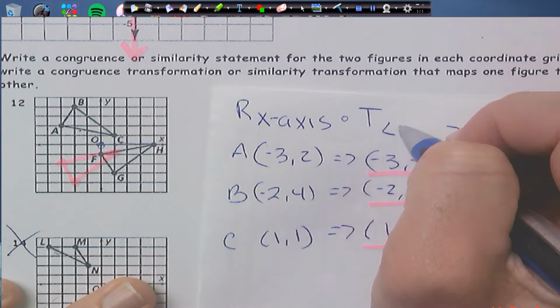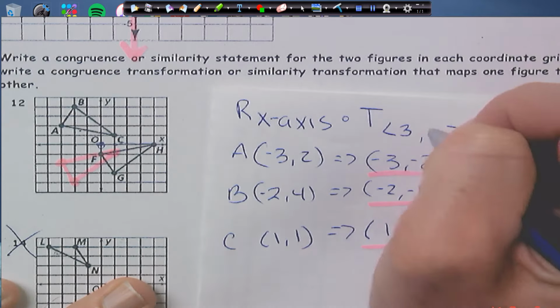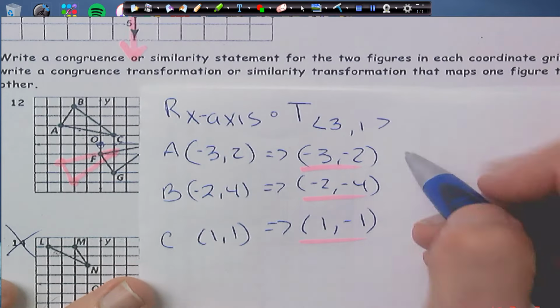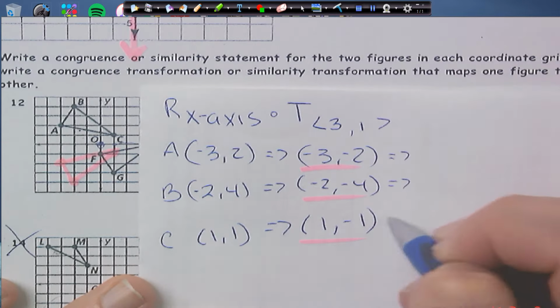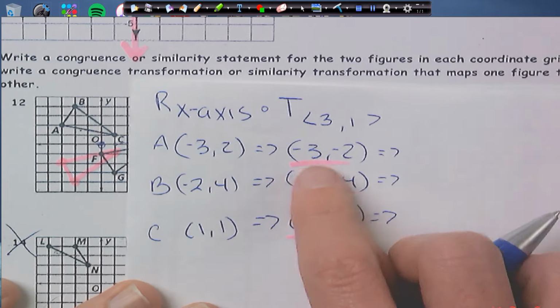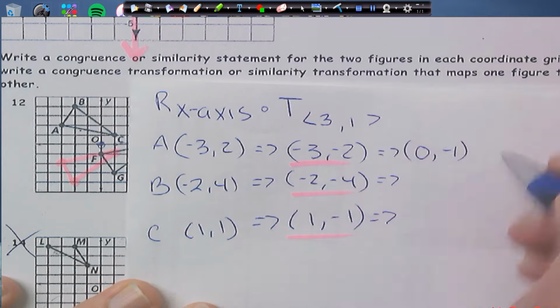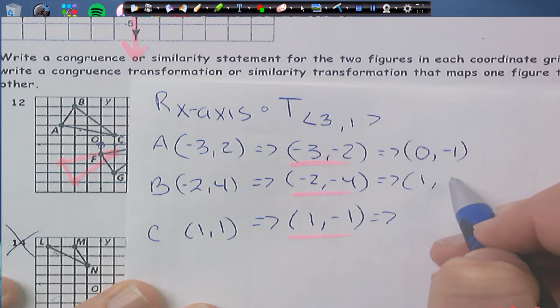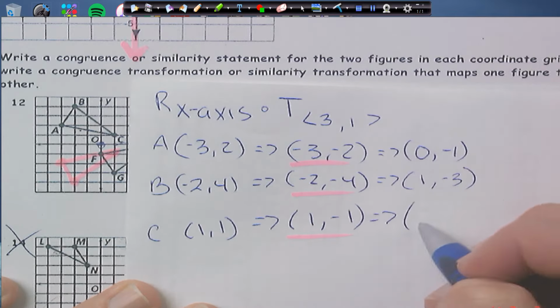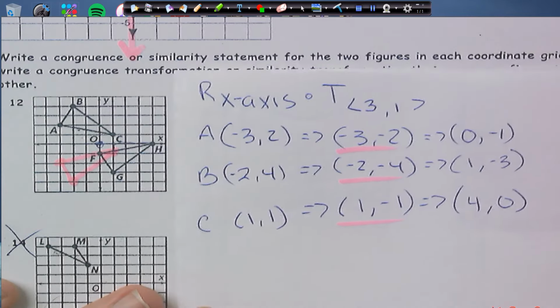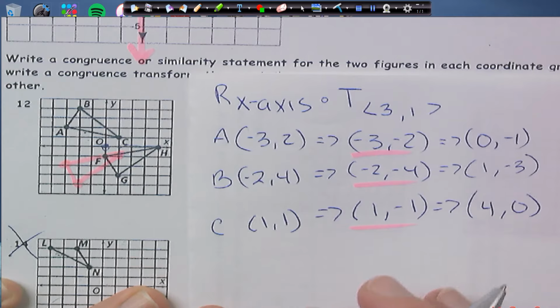So I'm going to add 3 to the x and add 1 to the y. And if I do that, I should get my correct points. Let's use our math and see. So I'm going to go over 3, up 1. That's going to become 0, negative 1, 1, negative 3, 4, 0. Okay? And we can check our answers real quick.